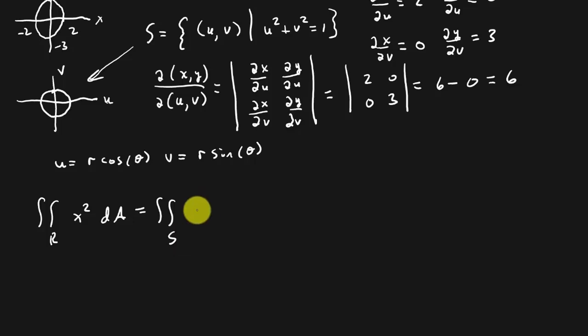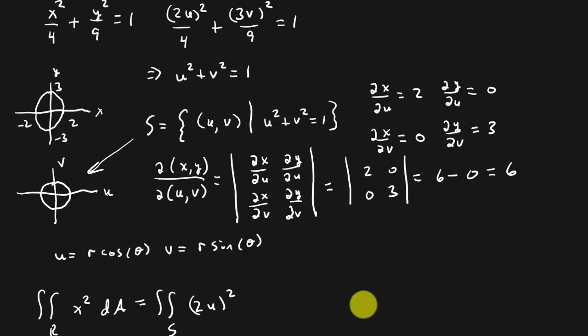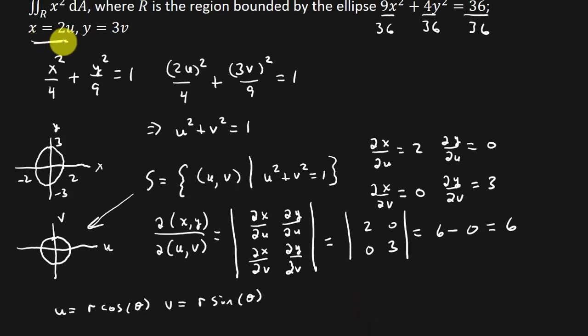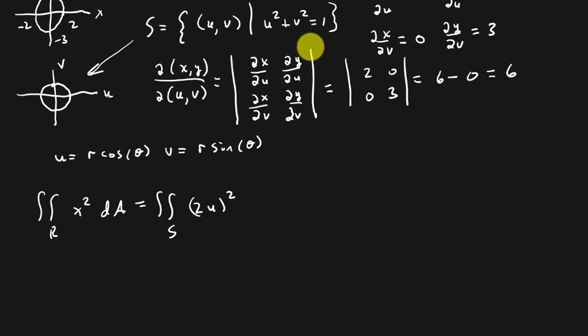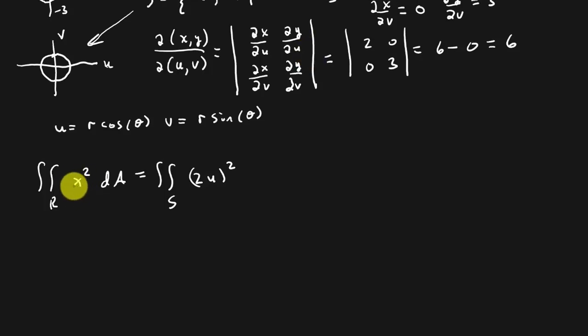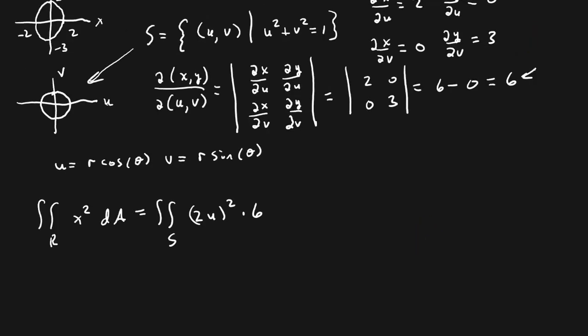So that's going to be (2u) squared. Because remember, x is 2u. Okay, so we're replacing this x here with 2u. And then that's going to be times what? Times 6, times the Jacobian. Let me go ahead and do this real quick.